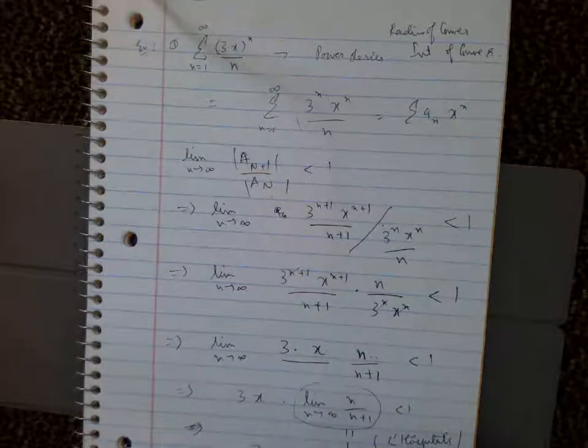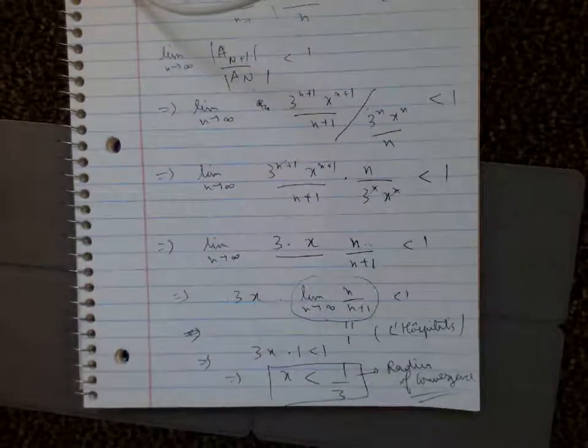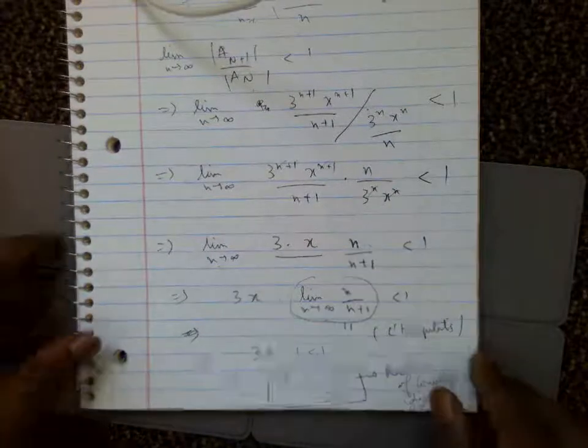So x is less than 1 by 3, and this is the radius of convergence. By the way, we need to put a mod here, so everywhere this will be a mod: mod x is less than 1 by 3. So 1 by 3 is the radius of convergence.